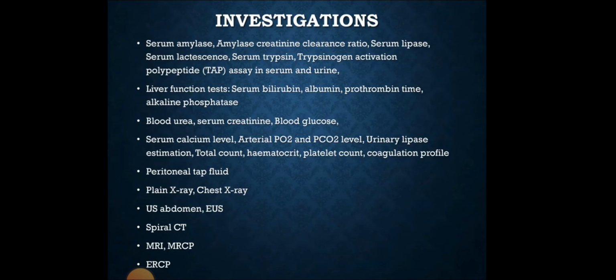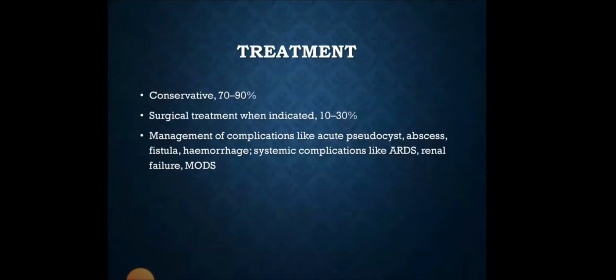These are the investigations that can be suggested. And about the treatment, if we see, it is told that 70 to 90% can be managed conservatively. Then 10 to 30% surgical treatment can be done when it is indicated.